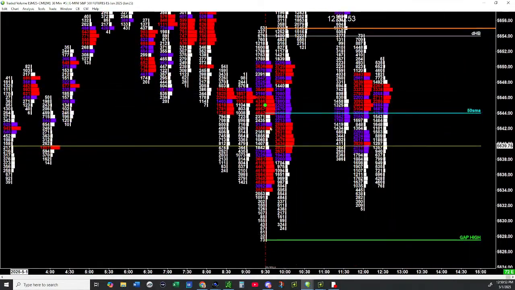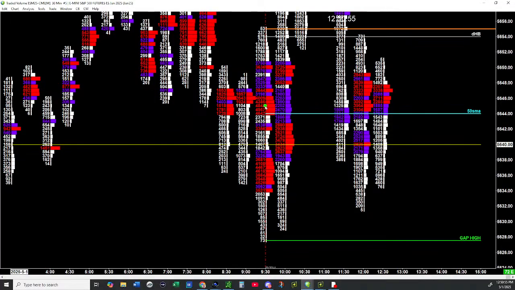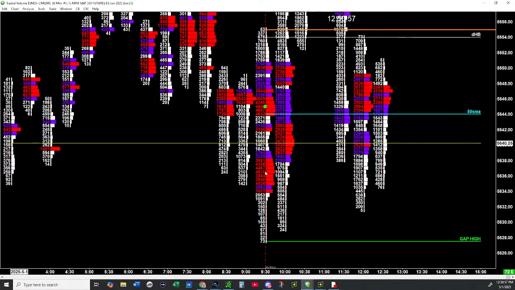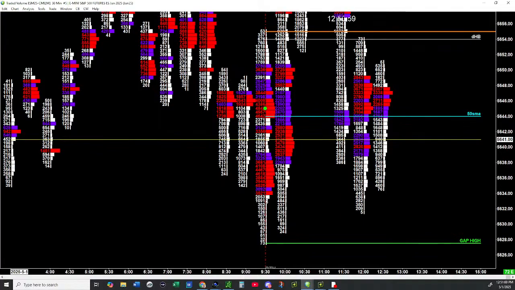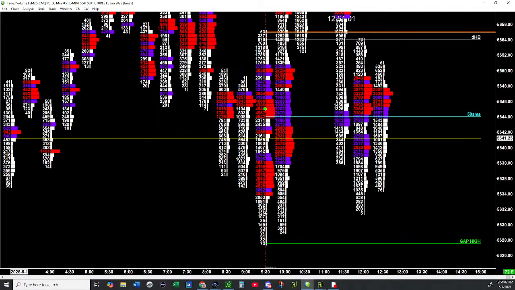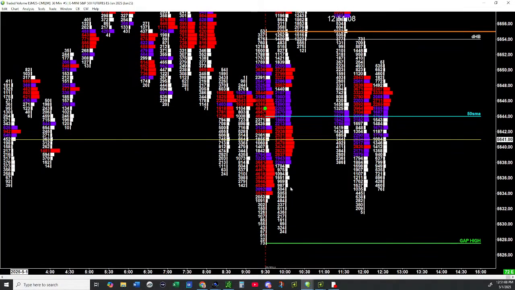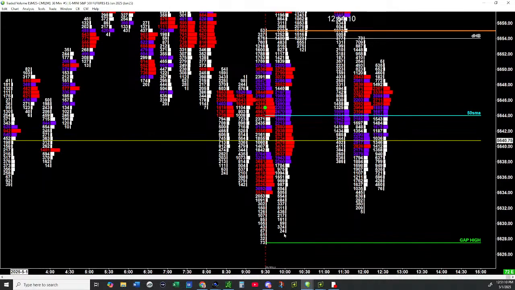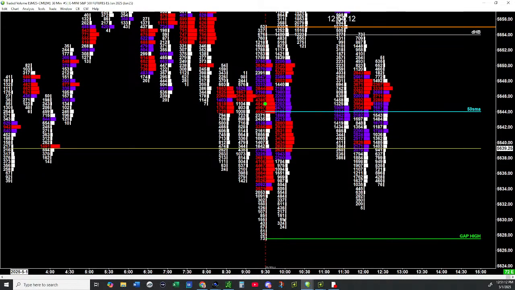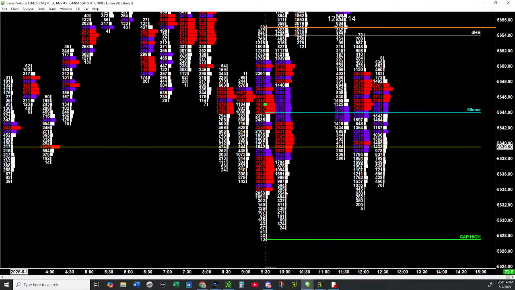How many contracts come here? Notice when the market opens here, tries to close the gap, how it just dies here. This kind of profile here, I don't like this. This is actually for me very, very questionable, right?